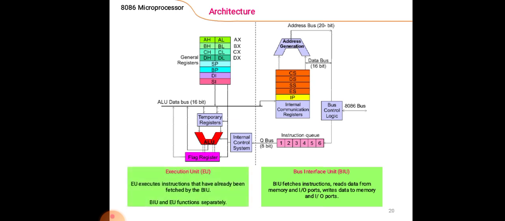Then second part is execution unit. At the left hand side you can see execution unit executes the instructions that have already been fetched by bus interface unit. The execution unit consists of register bank: AL, AH or AX, BL, BH or BX, CL, CH or CX, DH, DL or DX, SP, instruction pointer, base pointer, then DI and SI.